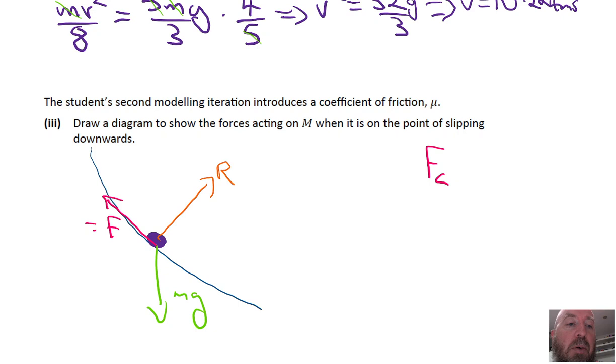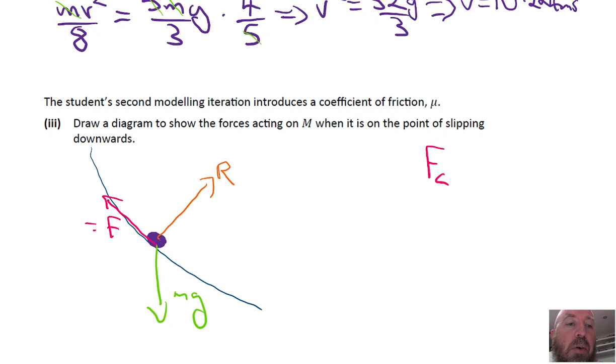I'll just move this guy to over here. Sometimes would it just be easier if I just rewrote this anyway. So there's our mu R and our mu R sine beta up.